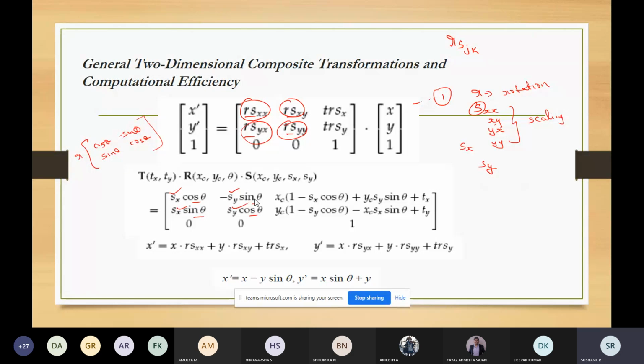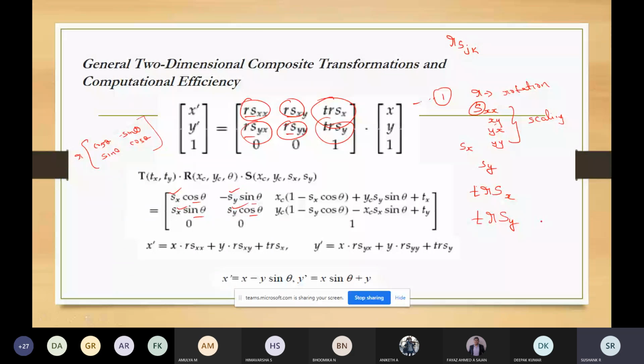The last two elements are given by translation, rotation, and scaling terms.